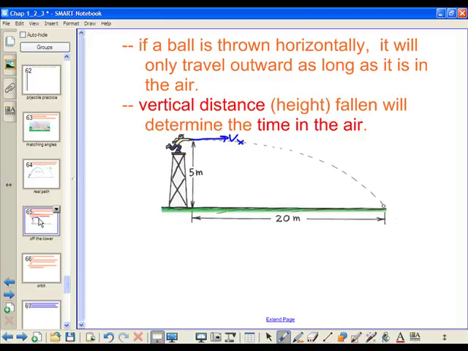But it's the y component, this vertical distance, in other words, the time it takes to fall in the vertical direction, that's going to determine time of flight. It's the y component that determines how long you're in the air. So in this case, if I want to know how long this ball is going to be in the air, how long does it take to get to this point at 20 meters?